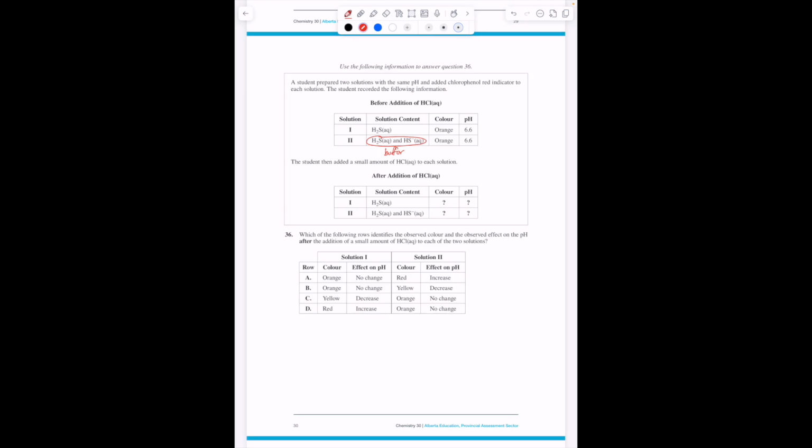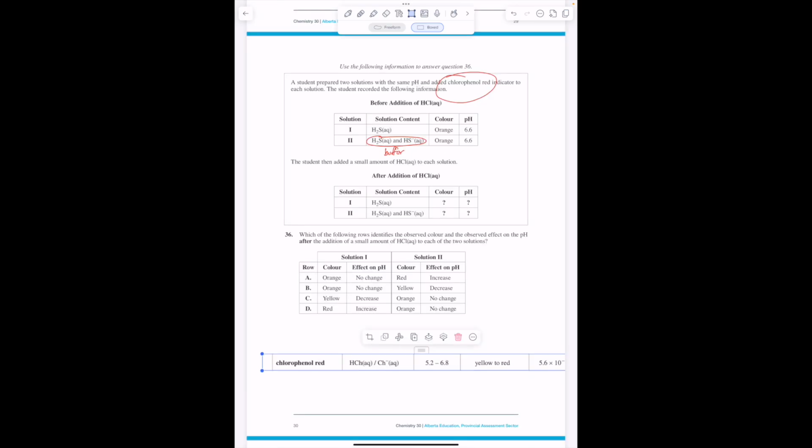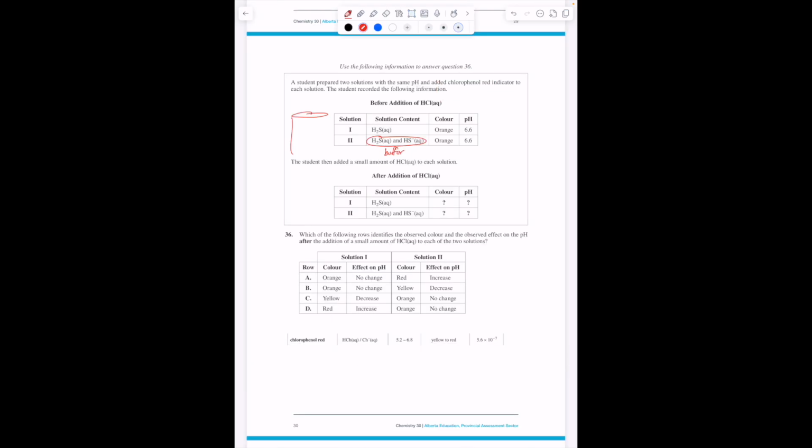Now I do need to figure out chlorophenol red. Okay. Chlorophenol red. I might as well just copy this since I now have that skill set. Copy. Okay, so here's solution 1. We'll do solution 2 here.